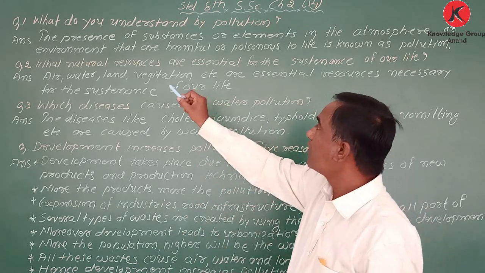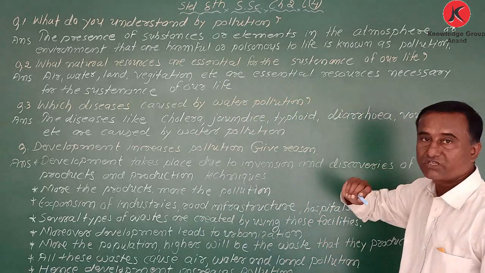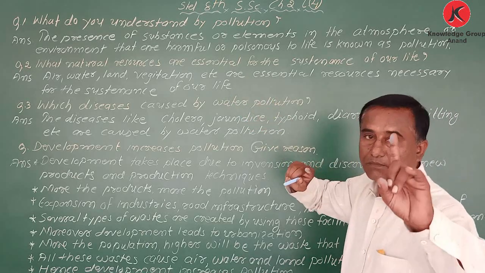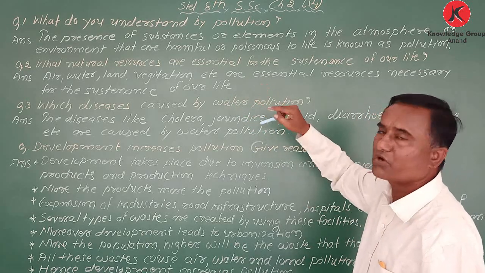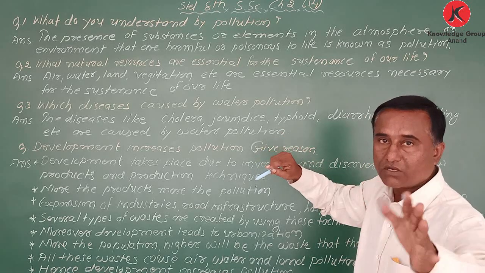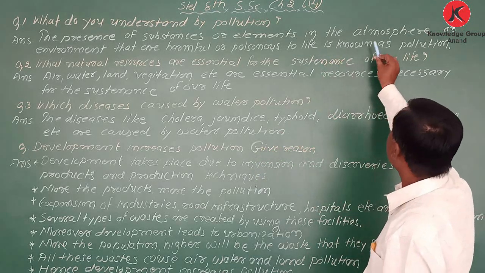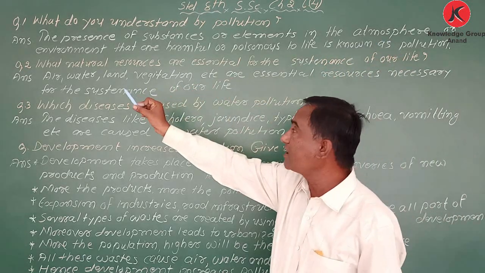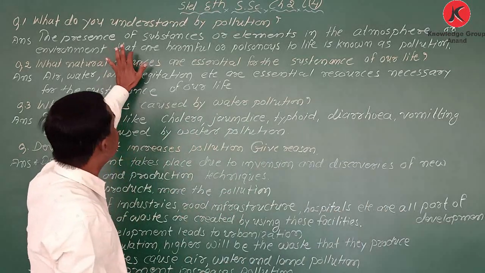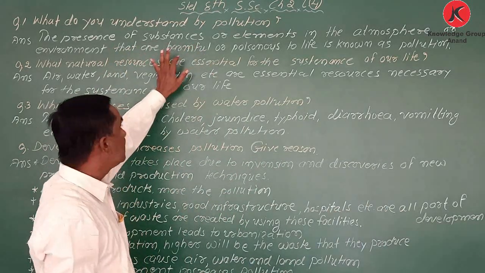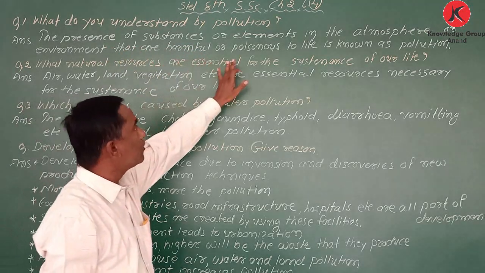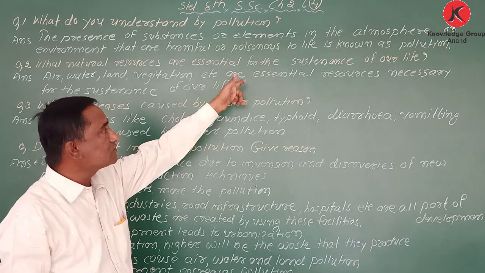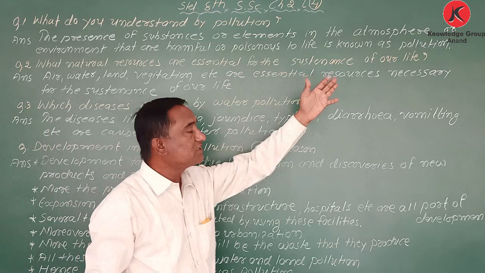What do you understand by pollution? Answer: the presence of substances or elements in the atmosphere or environment that are harmful or poisonous to life is known as pollution.